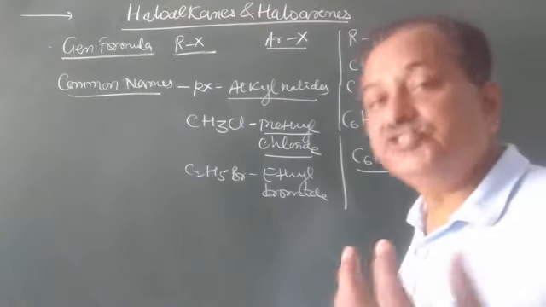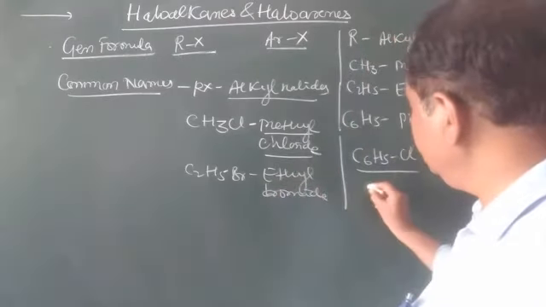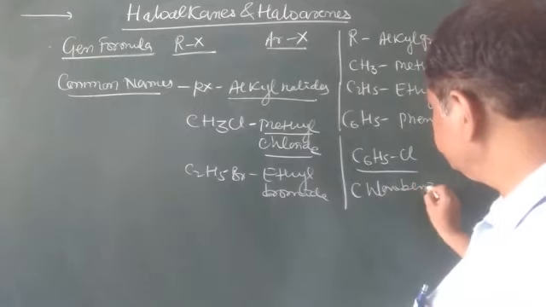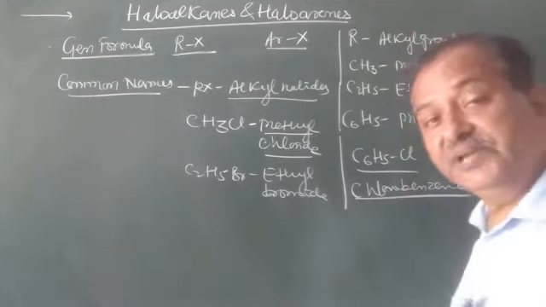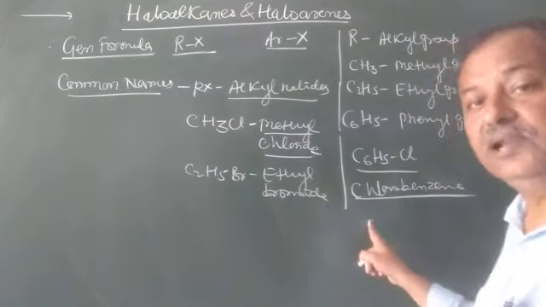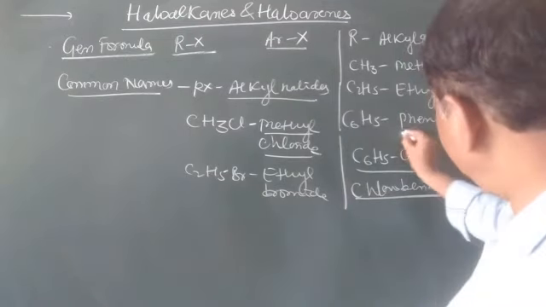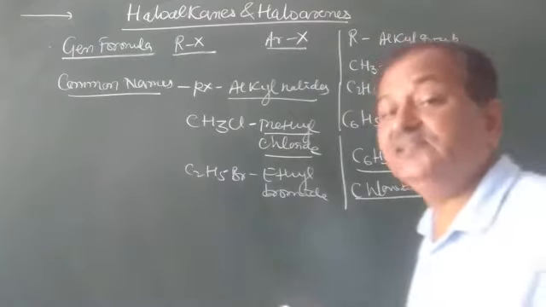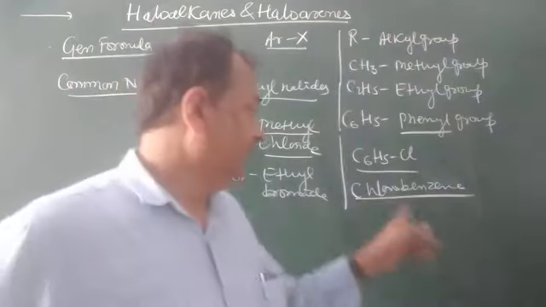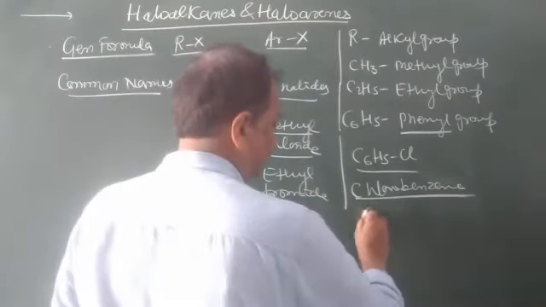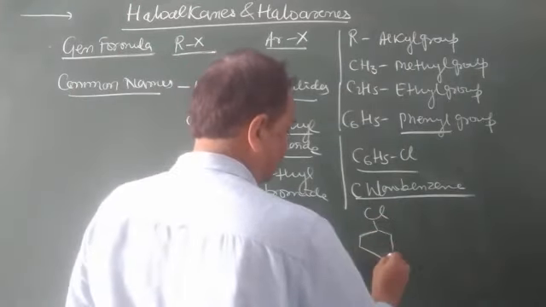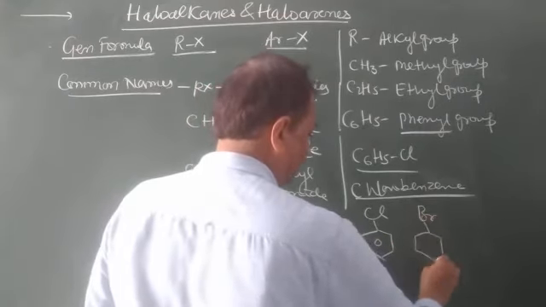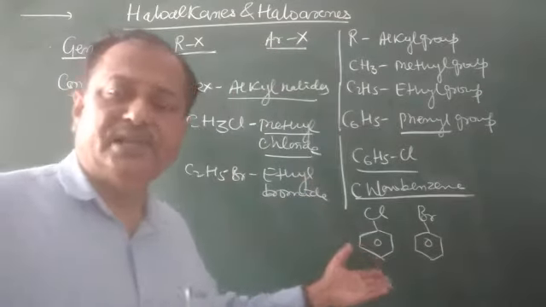Here it is called chlorobenzene, bromobenzene, iodobenzene. We don't write phenyl; it is a relaxation in case of aromatic compounds. With Cl it is chlorobenzene, and with Br it will be bromobenzene, not phenyl bromide.